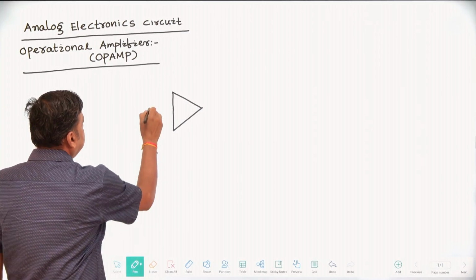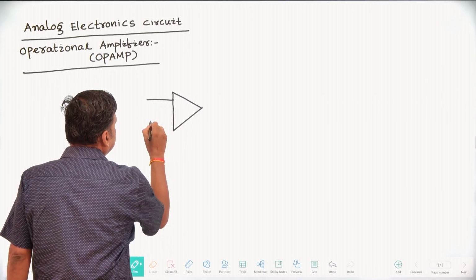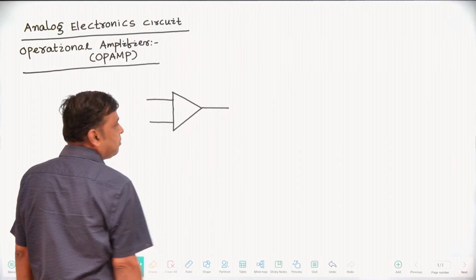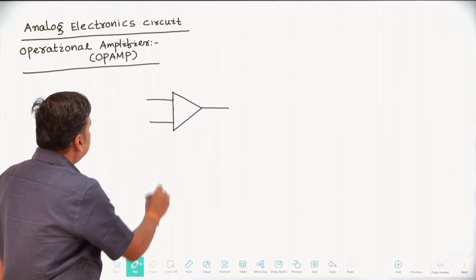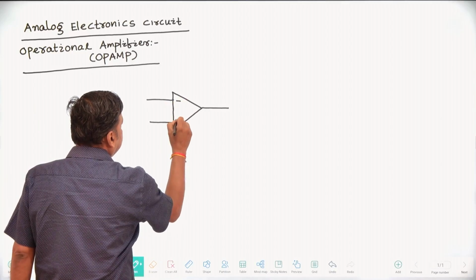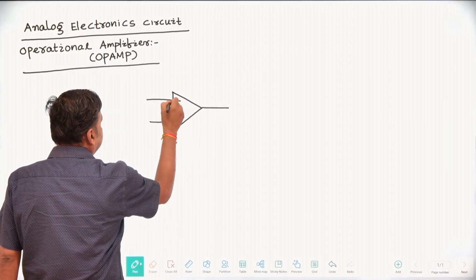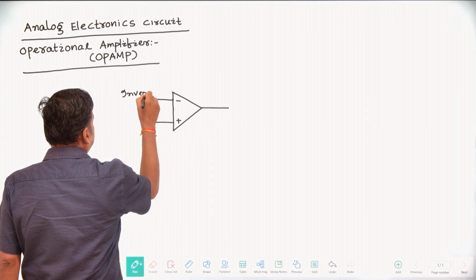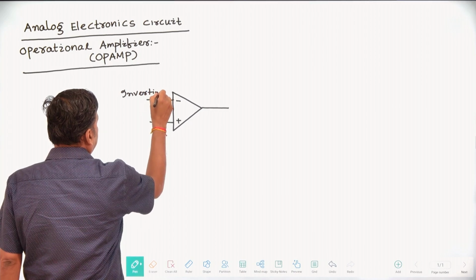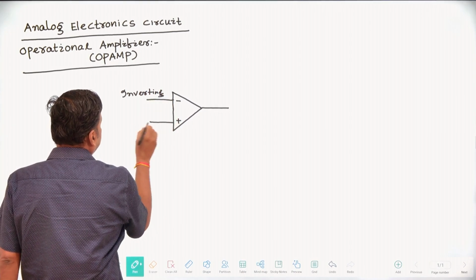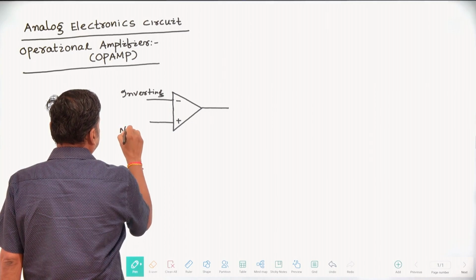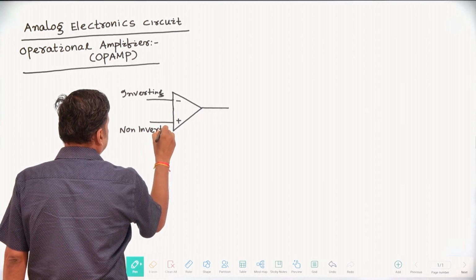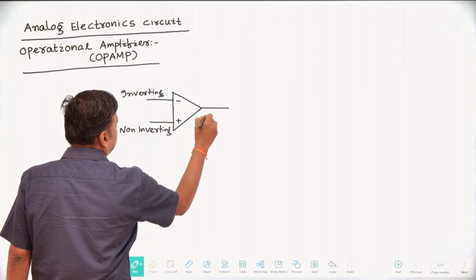In operational amplifier, op amp, there are two inputs and one output. Here there is a minus terminal and this is the plus terminal. This input we can say is the inverting input, and this input is called the non-inverting input, and this is the output.